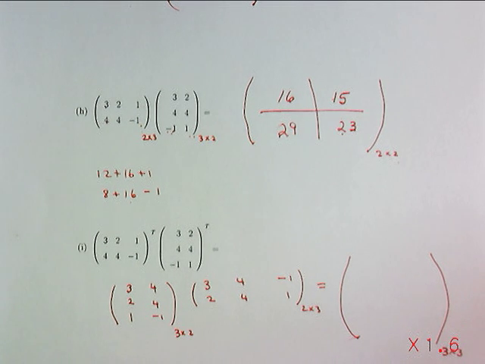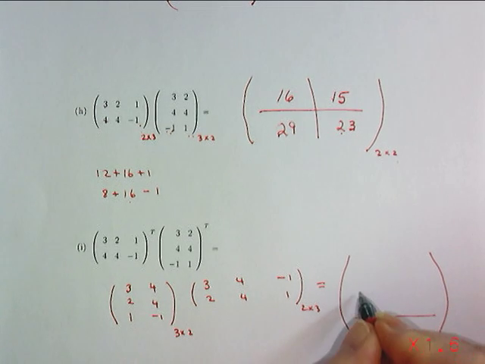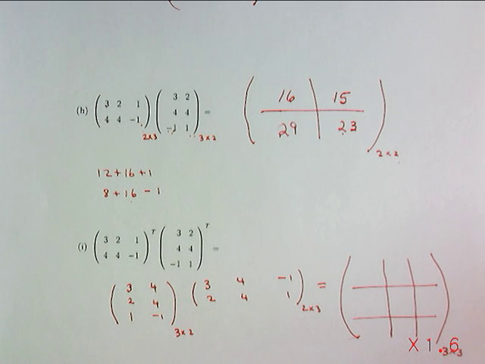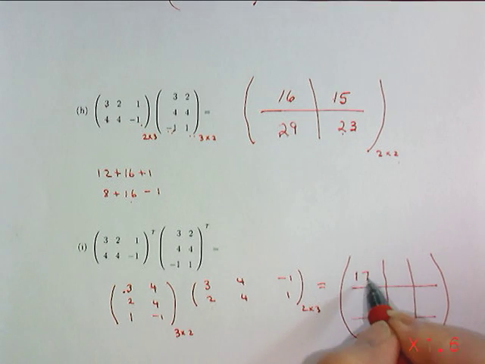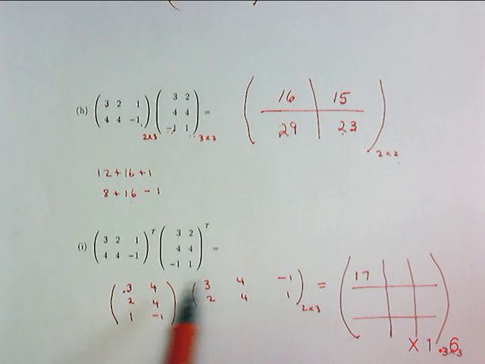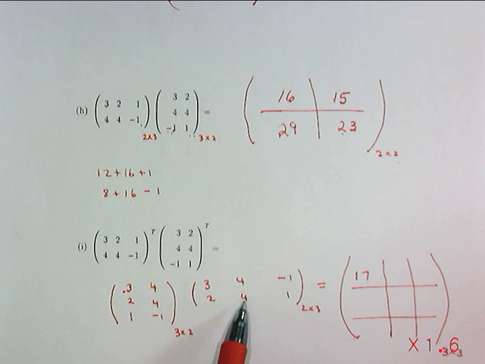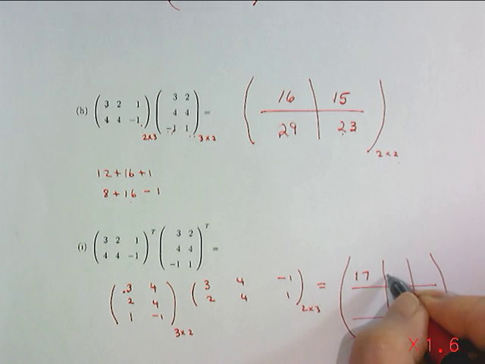So now, how am I going to get the results? There are going to be 9 different components that I'm going to need to find in my solution. The first component can be found by taking the dot product of the first row here with the first column. That will be 9 plus 8, or 17. This will be the dot product of the first row second column, which would be 12 plus 16, which is 28.